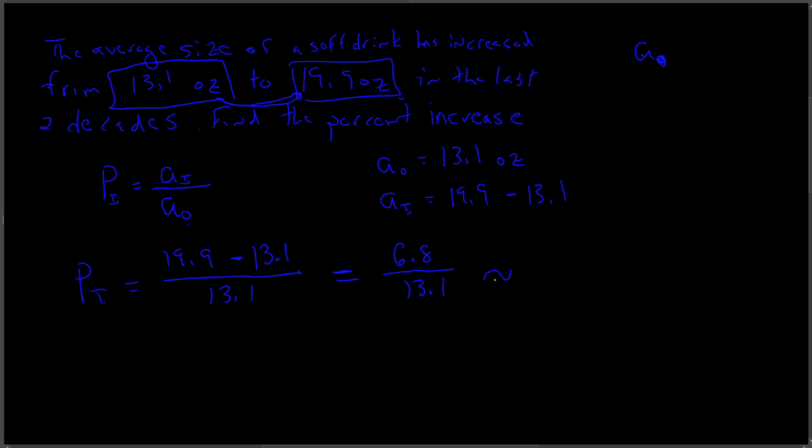And I'm going to get a long decimal here, so I'm going to take it to 4 decimal places. But this isn't a percentage, this is the decimal form. So if I turn this to a percentage, I move the decimal place over 2 to the right, and that's 51.91%.